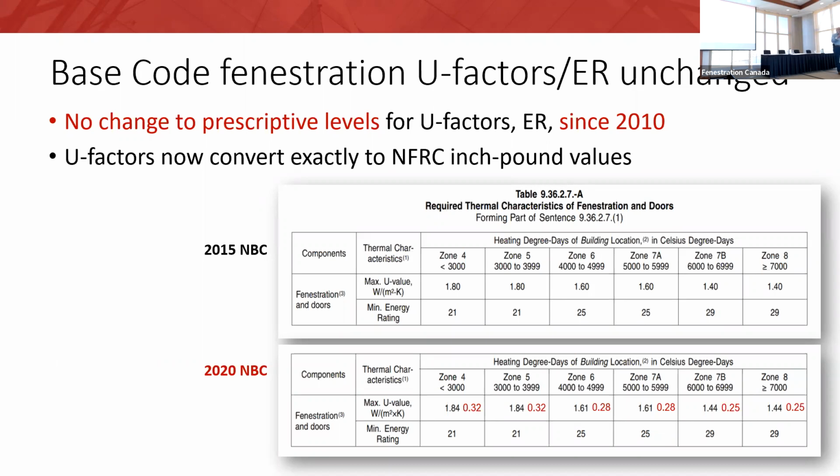And it's not that the window didn't change, it's just the precision of your calculations. Because those who work with NFRC have to come up with inch-pound numbers, where the increments are 0.01, they are less precise than two decimal places in the metric system, and the conversion messes things up for people.